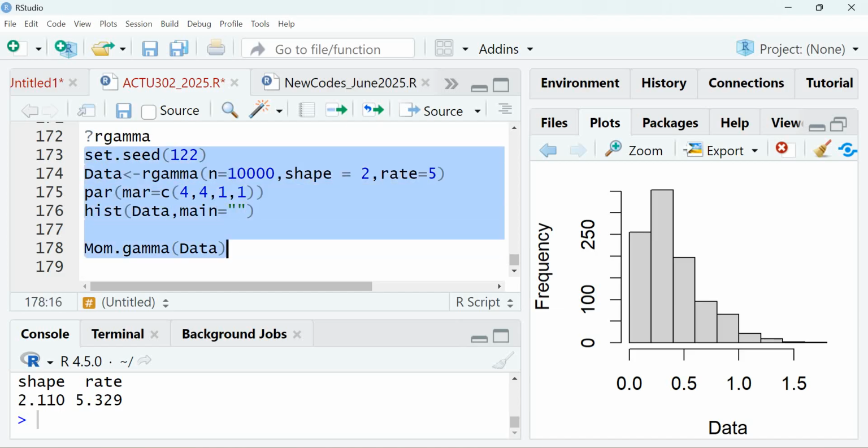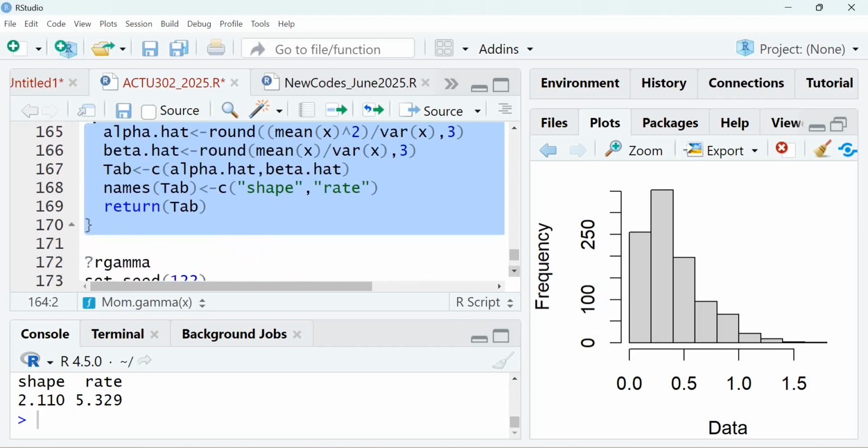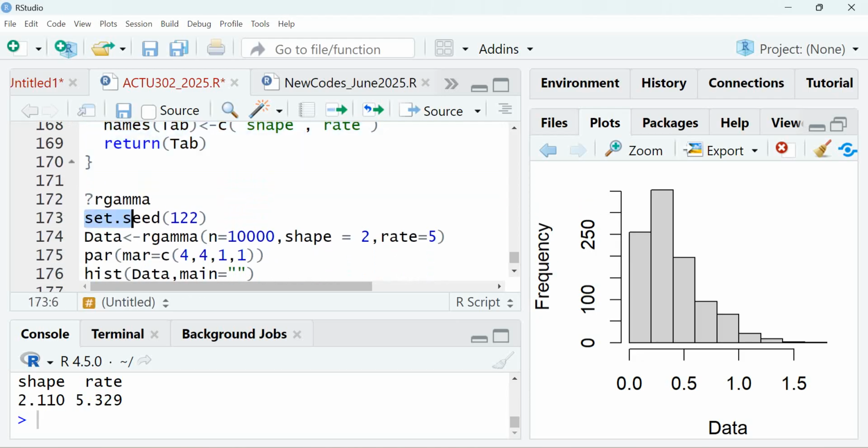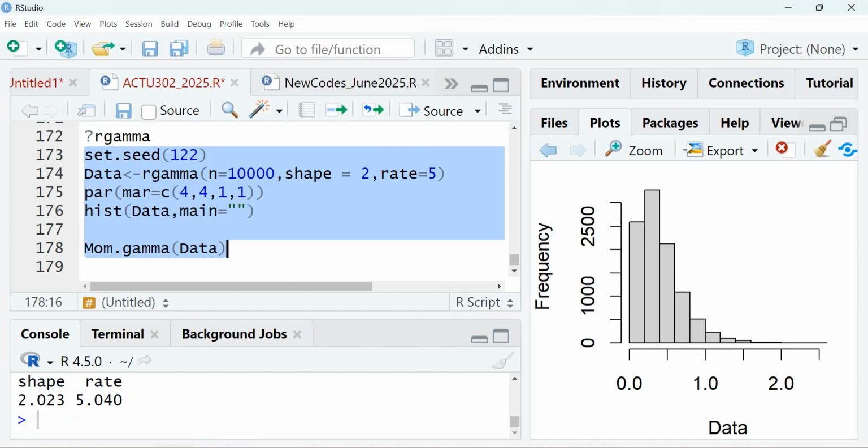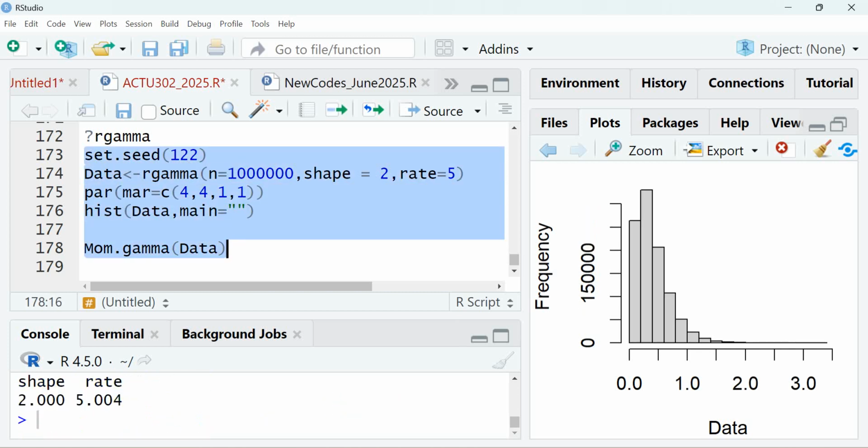And of course, set the seed so that, okay, it's getting even closer, right? We can go to 1 million. And as we increase the sample size, what happens?